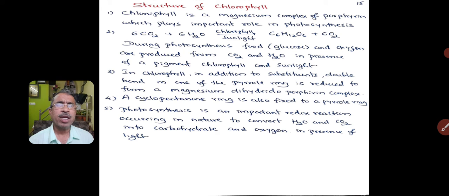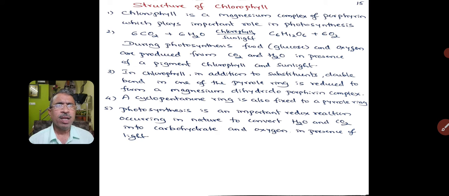Photosynthesis means production of food, that is glucose, from carbon dioxide and water in presence of sunlight. During photosynthesis, food, glucose and oxygen are produced from carbon dioxide and water in presence of a pigment, chlorophyll, and sunlight.